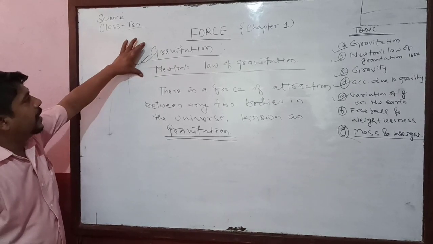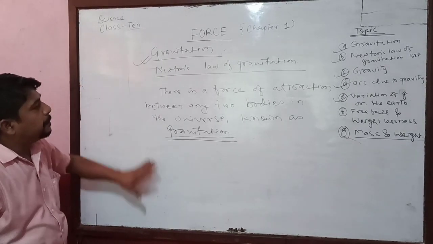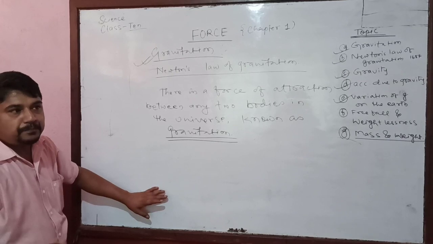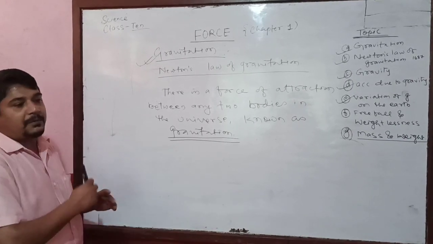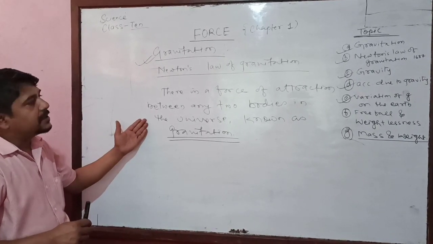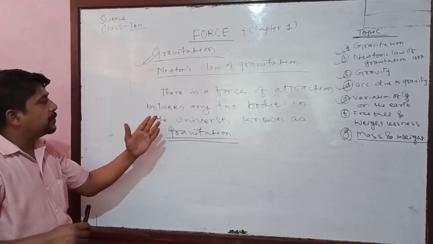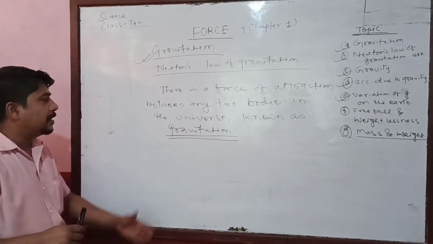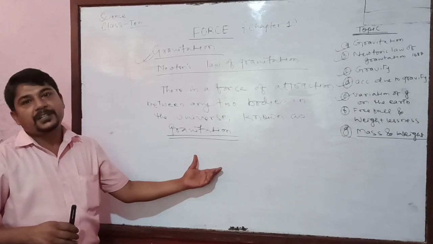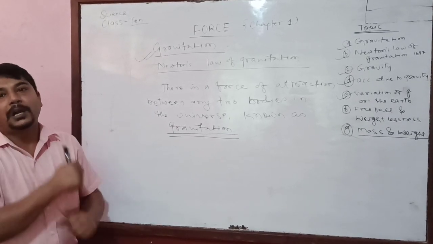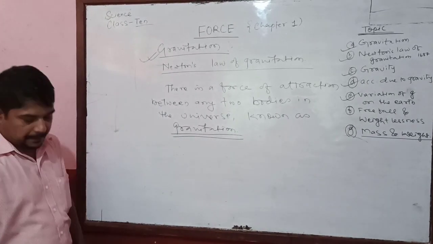So gravitation came into existence because of that heliocentric theory. Why do the planets revolve around the sun? Yes, the answer is there is the force of attraction between any two bodies in the universe. Means everybody attracts each other, therefore this binding force does not let them escape.